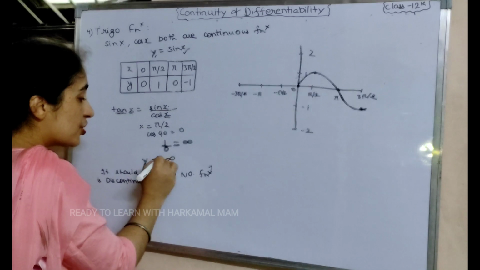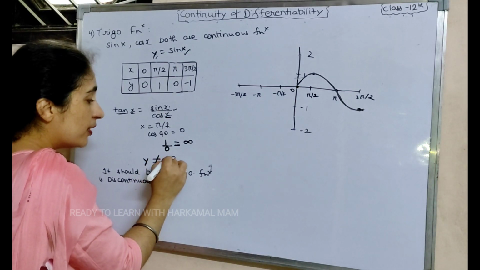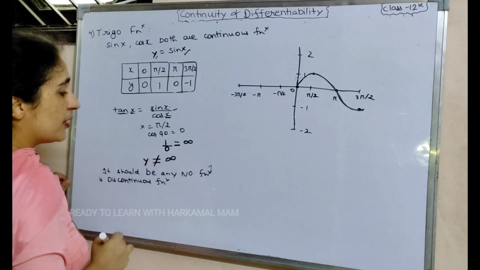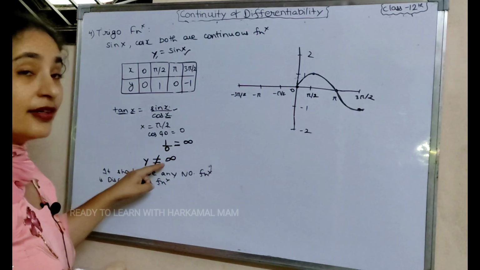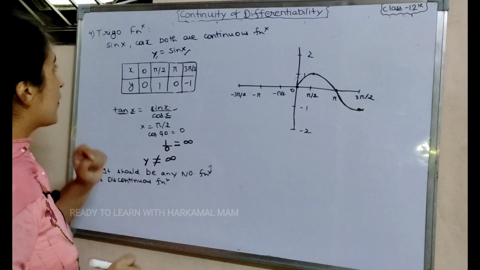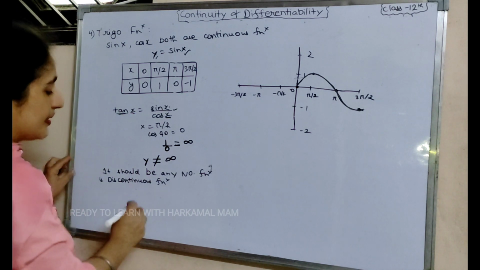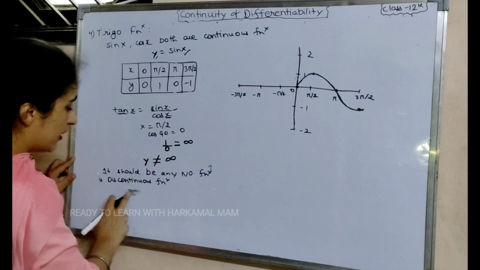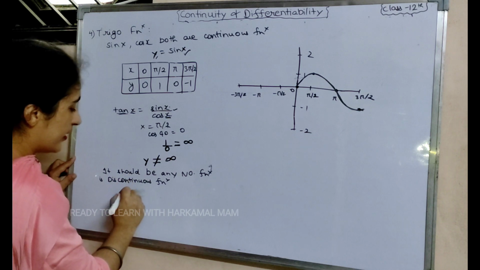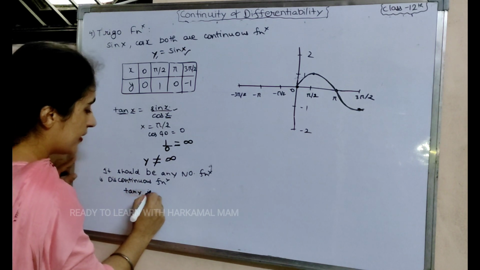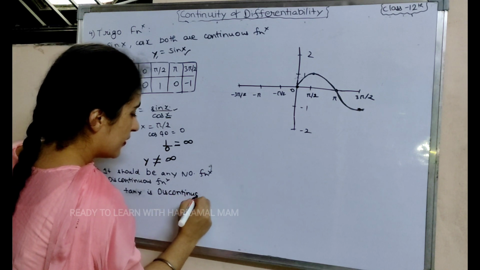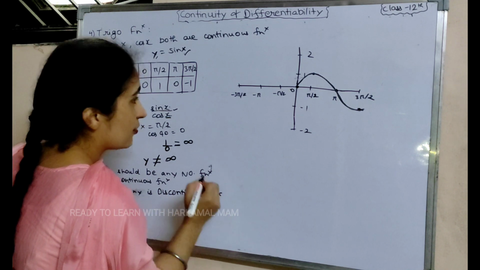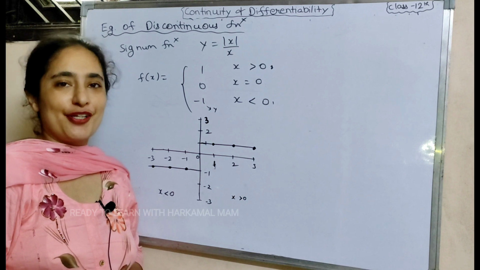The function shouldn't be equal to infinity; it should be a number. So that's why tan x is a discontinuous function.